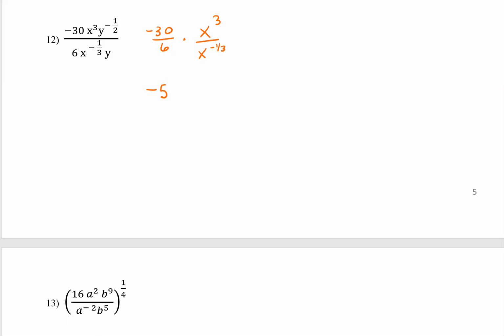So 3 minus negative 1/3. Minus minus makes a plus, will give us 10/3. And then I'm going to simplify y to the negative 1/2 over y. So negative 1/2 minus 1 is negative 3 over 2. So if I write that in the denominator, it will be a positive.